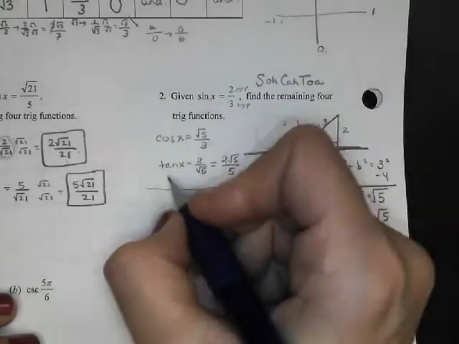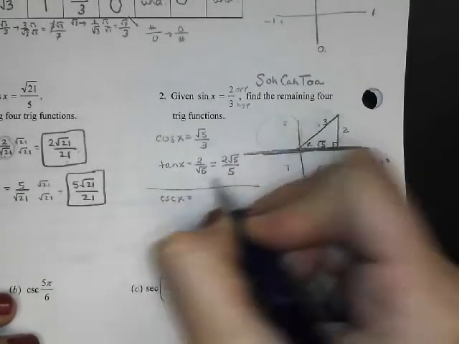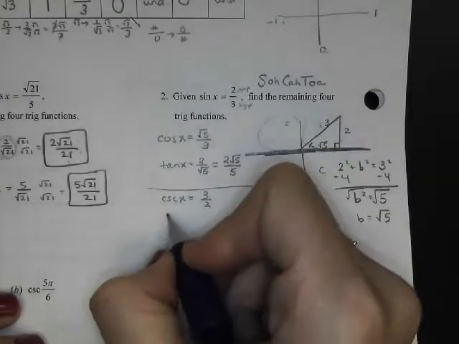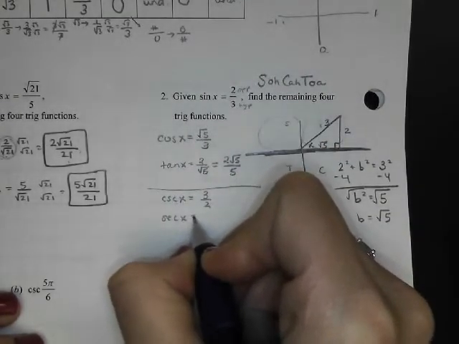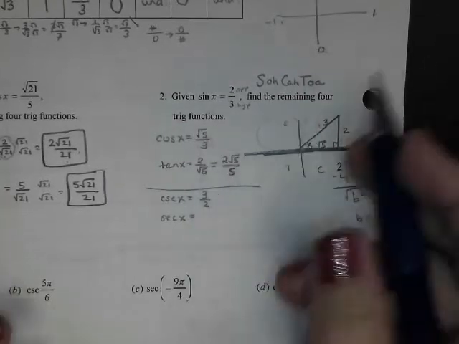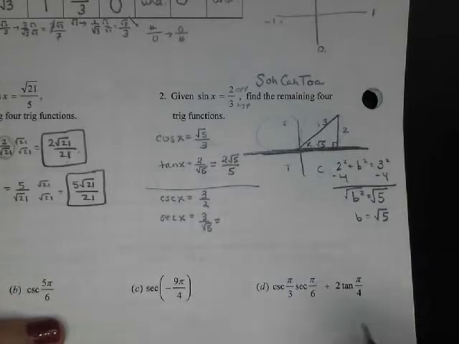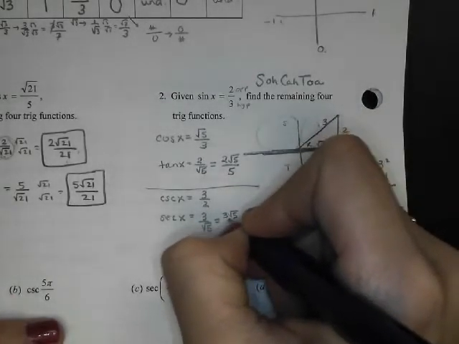So the reciprocal of sine is cosecant. Flip 2/3 to 3/2. The reciprocal of cosine is secant. Flip root 5 over 3 to 3 over root 5, and rationalize: 3 root 5 over 5.